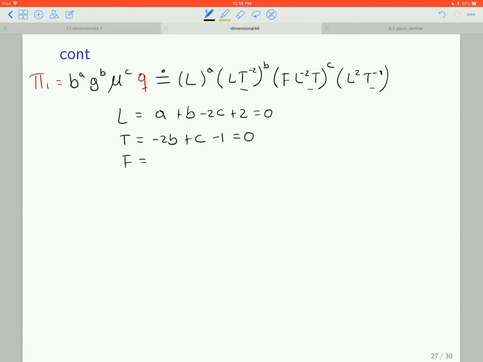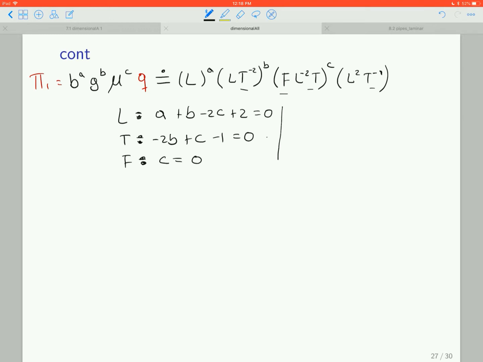And for F, we have only C, so that C should be equal to 0, because it's only in the third term.